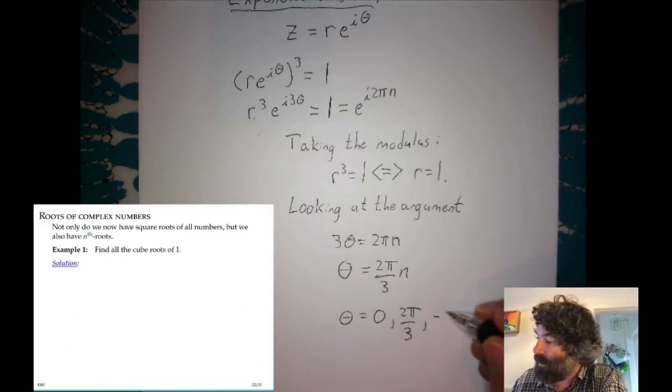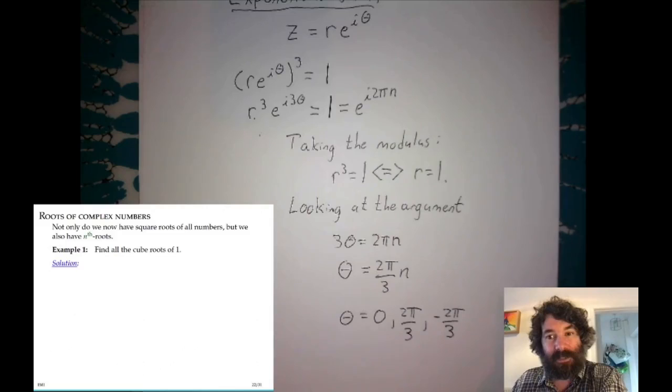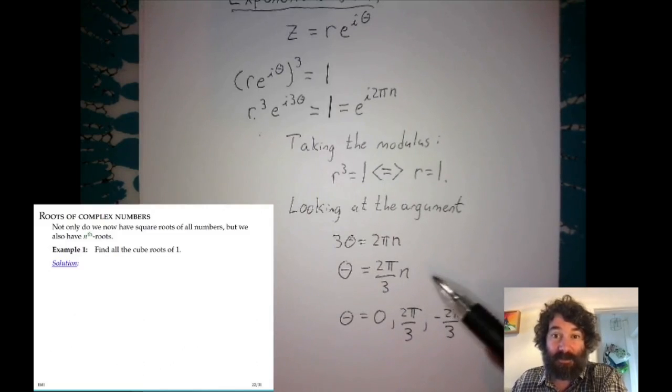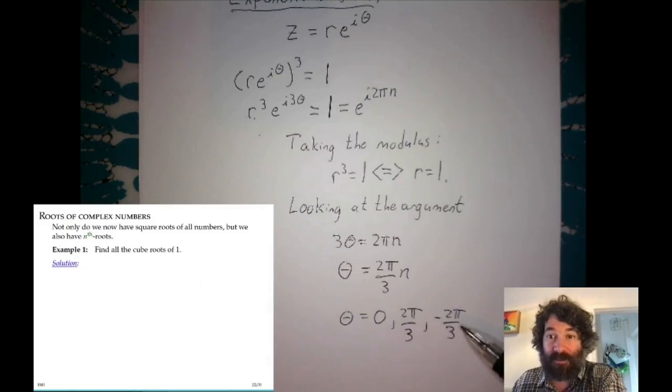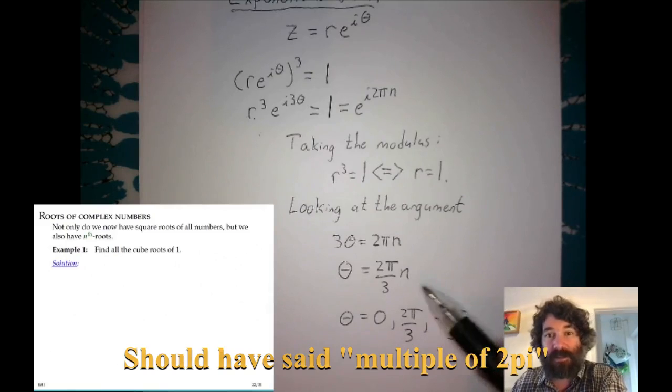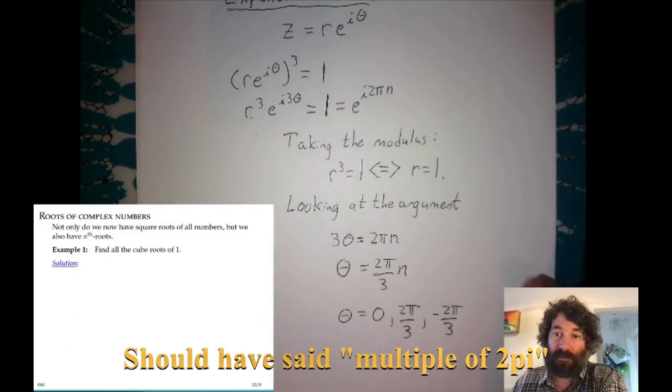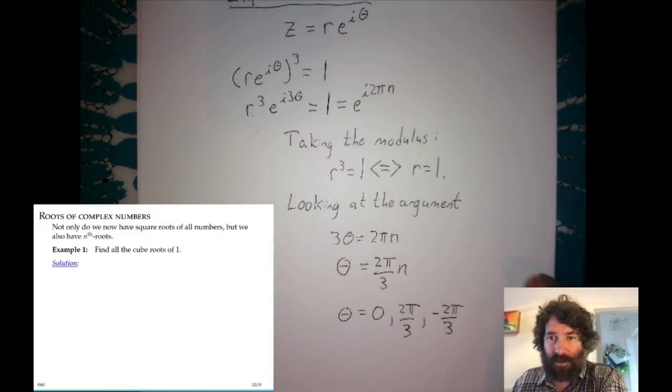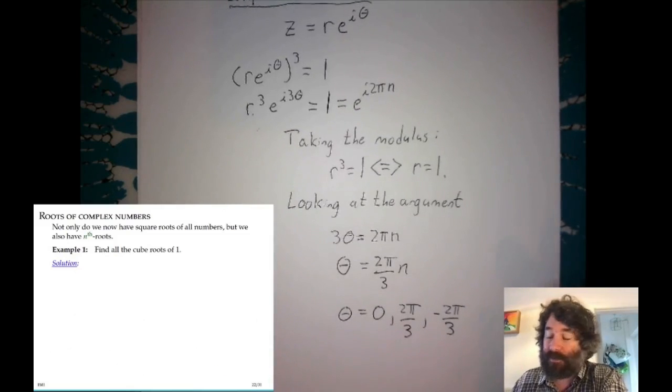We would then have negative 2 pi over 3 also. So here are three possibilities for theta. If we took, say, n equals 2, we would get 4 pi over 3, and that differs from negative 2 pi over 3 by a factor of 2 pi. So the other values of n would differ from one of these by a multiple of 2 pi.